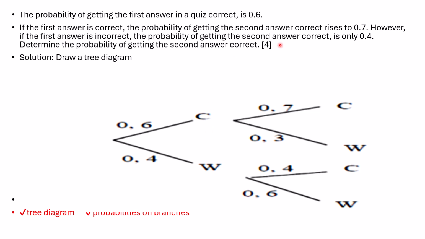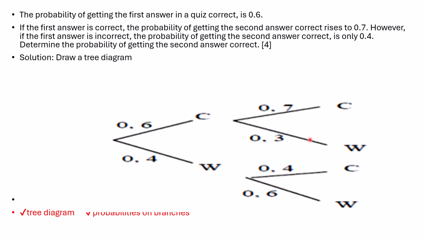Right, second answer. After I got the first answer correct, I can get the second answer correct or wrong. Or after I get the first answer wrong, I can get the second correct or wrong. So they want the probability of getting the second answer correct. If we got the first answer correct, the probability of getting the second answer correct is 0.7.